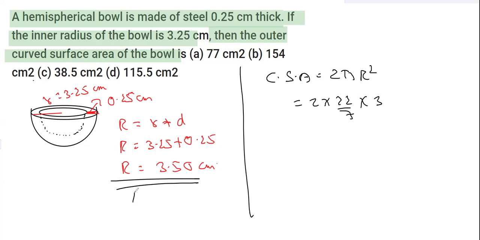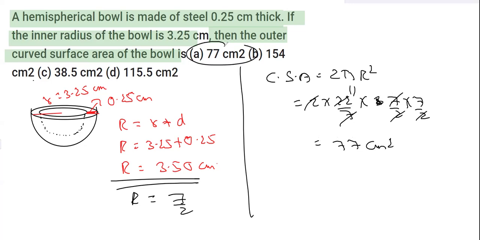I can write 3.50 as 7 over 2. That makes the calculation easy. So I'll write 7 over 2 and 7 over 2. This gets reduced to 1 time, 11 times. So it comes out to be 77 centimeter square. So A is the correct option for this.